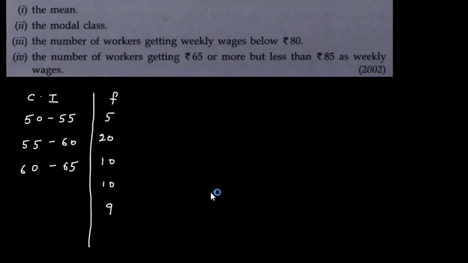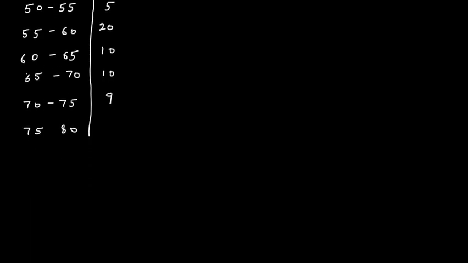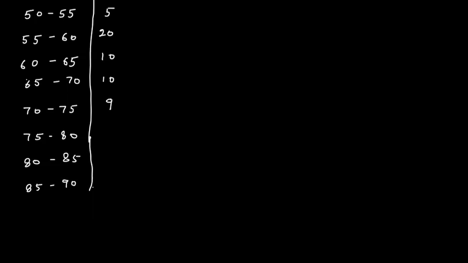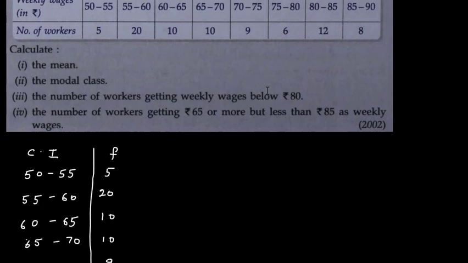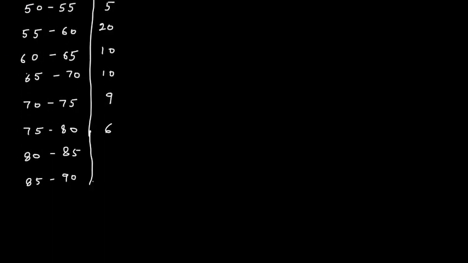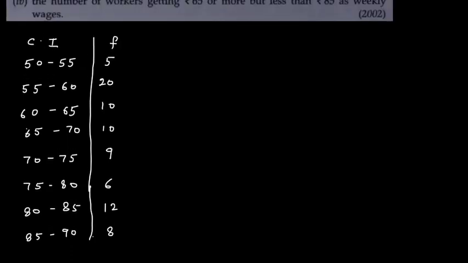The next one is 65 to 70, then 70 to 75, then 75 to 80, then 80 to 85 and 85 to 90. So after frequency 9 we have 6, 12 and 8. So here it is 6, here it is 12 and here it is 8. So class interval, frequency.